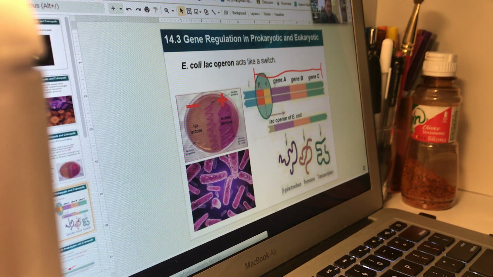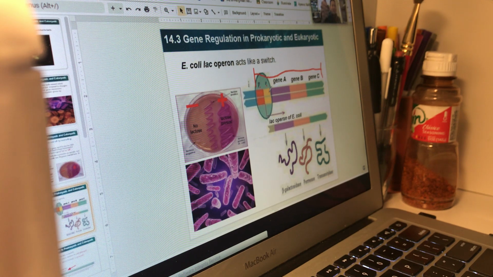And so you see how here the enzyme RNA polymerase attaches to the promoter, because it knows that the promoter is the start of every single gene. And then the operator is like a red light or green light. The operator says, you can do it, go for it.